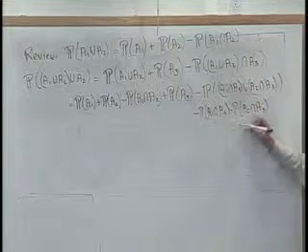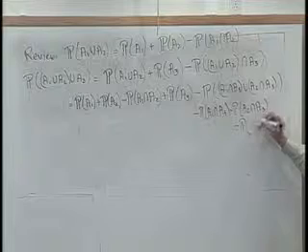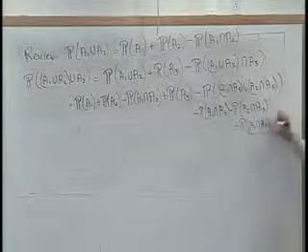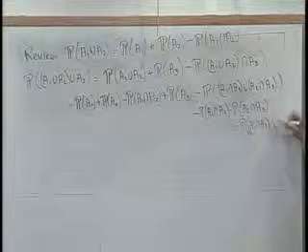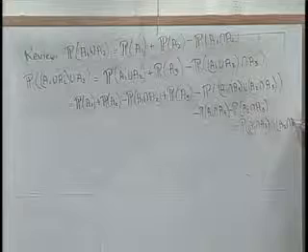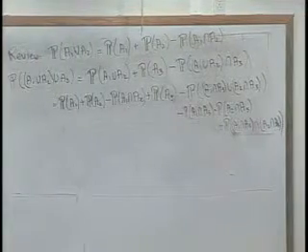Finally, one last term plus the probability of A1 intersect A3 intersect A2 intersect A3. Yuck. Who can see a simpler way of writing that?